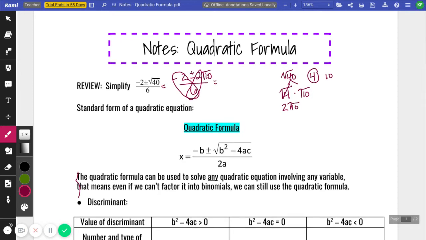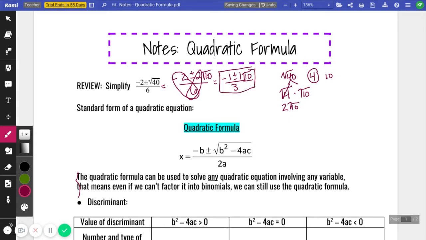That would reduce to -1 over 3 plus or minus, and then 2 over 6 would be 1, and we leave the square root of 10. Since they have that common factor, 2 and 6 can both be divided by 2. That's how we would simplify this problem. So that would be our final answer.